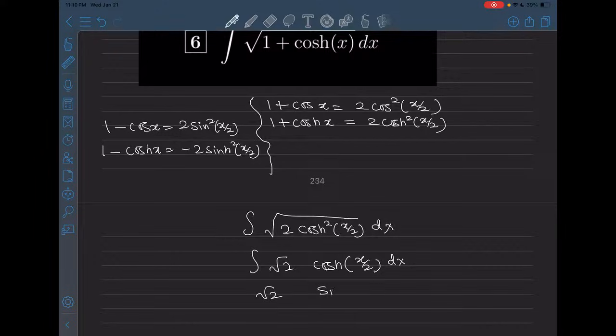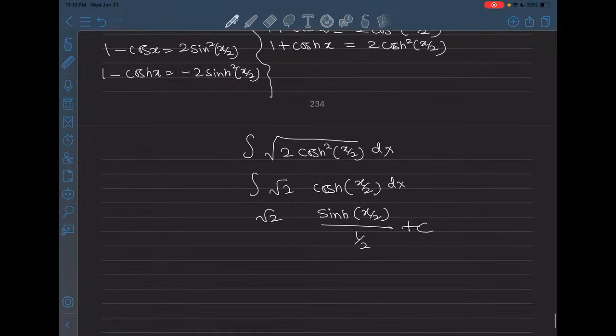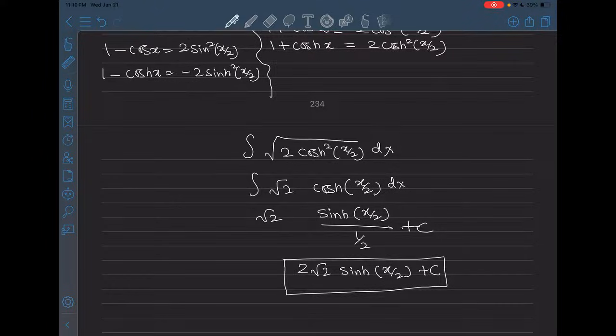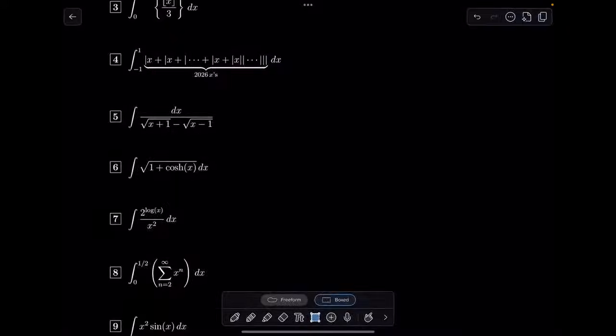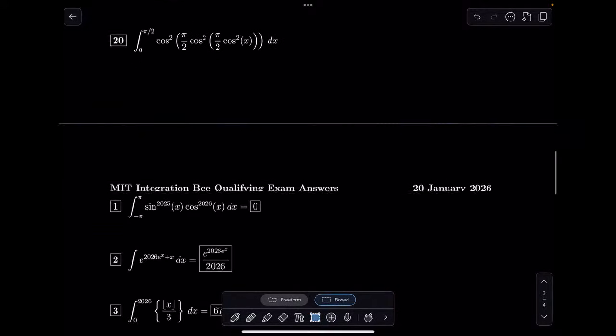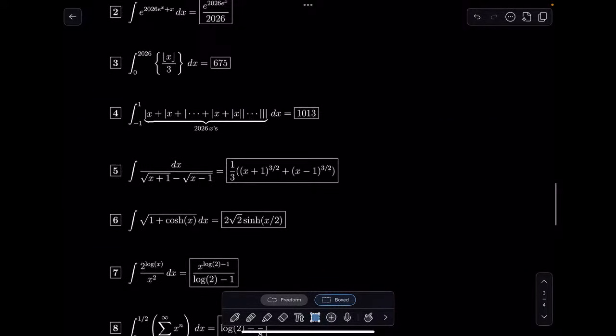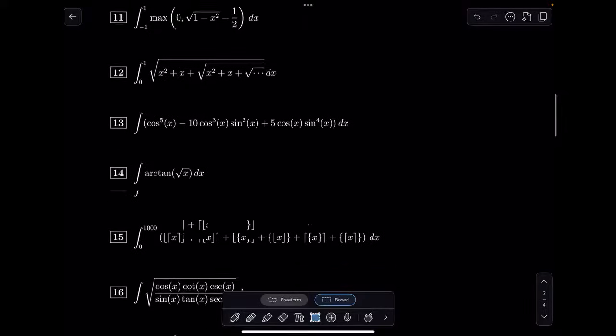This is sinh of x over 2 divided by 1 over 2, plus c. So this is 2 sinh x over 2 plus c, and that is the answer. Yeah, this wasn't too bad actually. So let's see the answer: 2 sinh x over 2. Yeah, that's the answer.